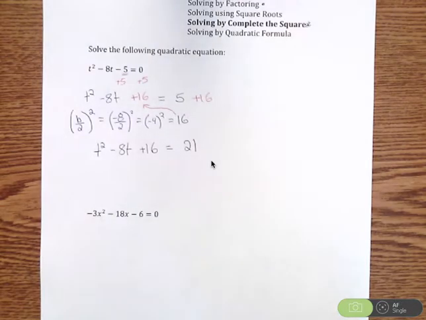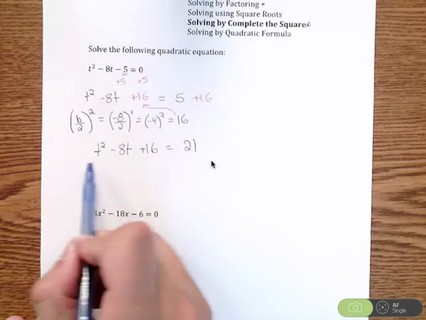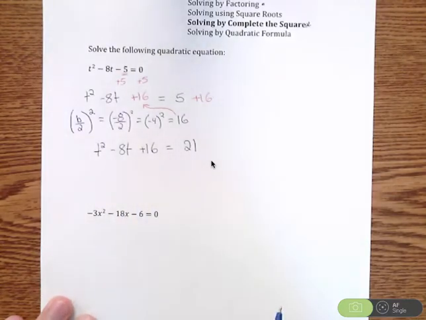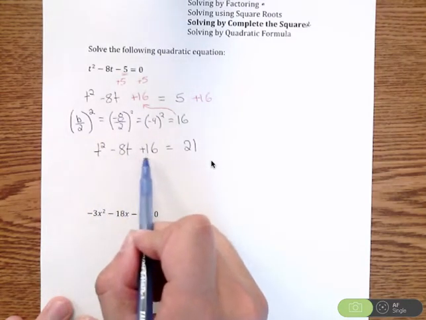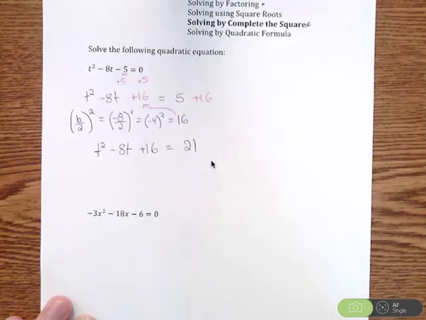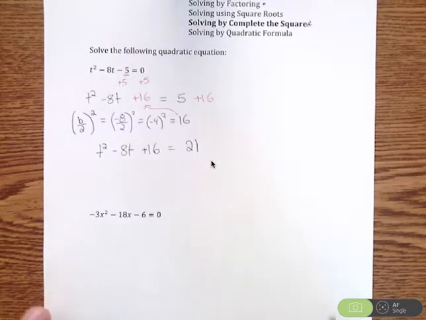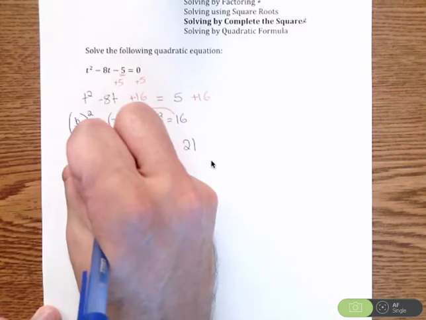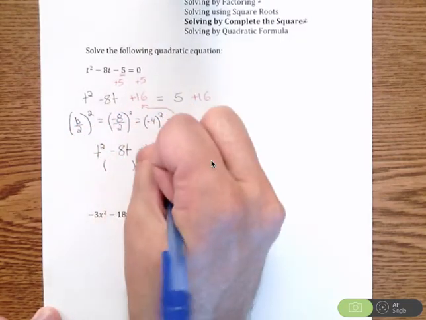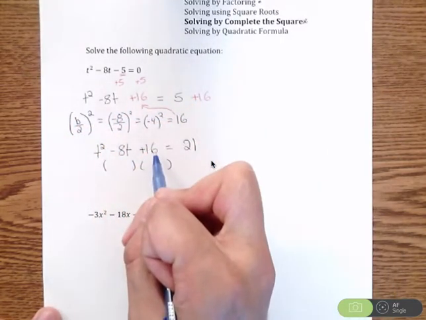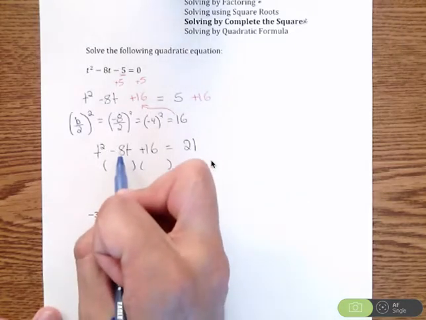So what I've done by completing the square is I've allowed myself to actually be able to factor this left side. So I have t squared minus 8t plus 16 equals 21. So what I'm going to do is factor this. I'm thinking of two numbers that multiply to 16 that also add to negative 8.